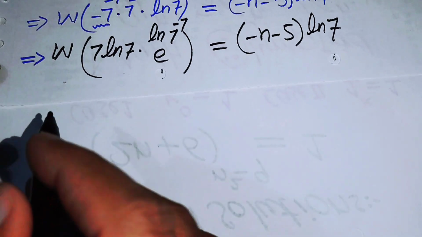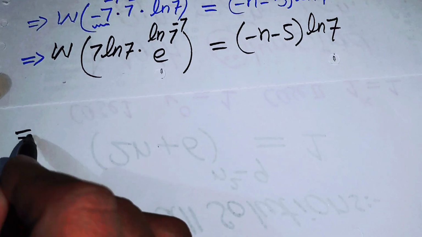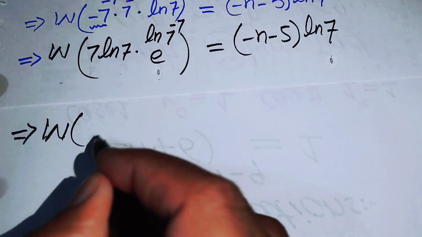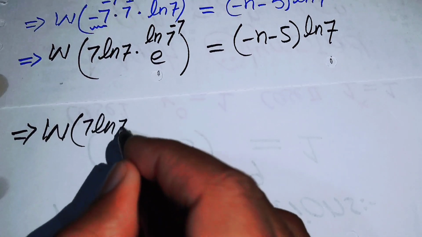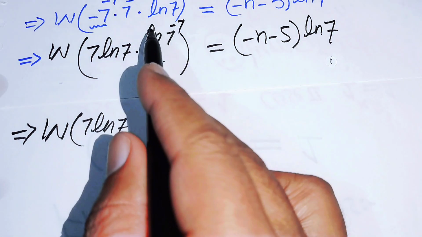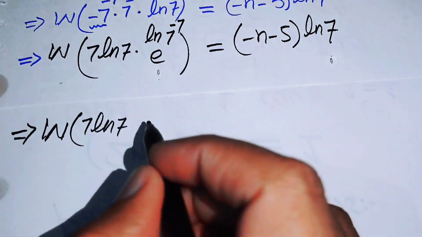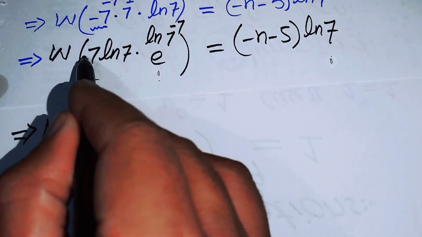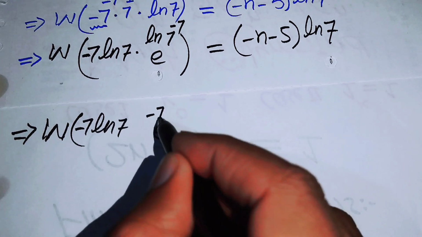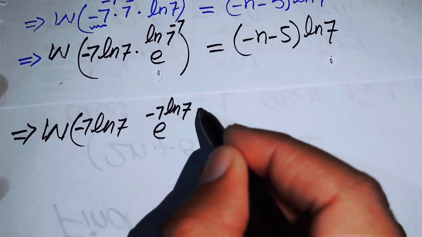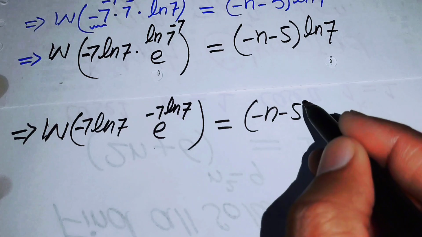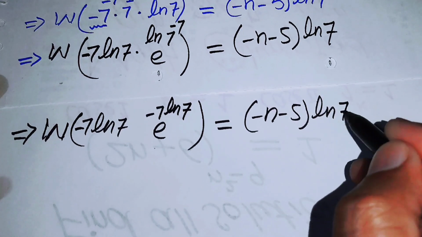And now in the next step we will make a little bit of simplification on the left hand side, and here we have W of 7 times log 7 into, here we move this minus 7 in front of the log, and we get e to the power of minus 7 times log 7, and it equals minus n minus 5 times log 7.